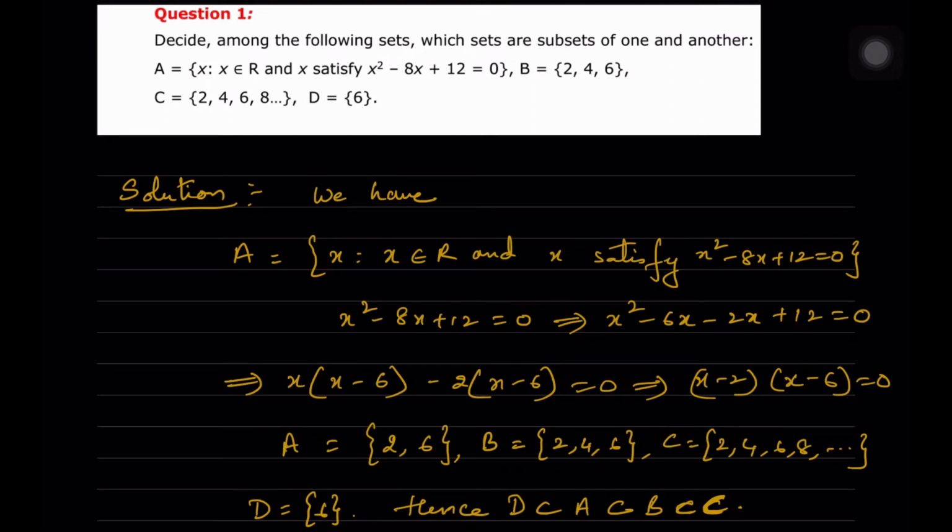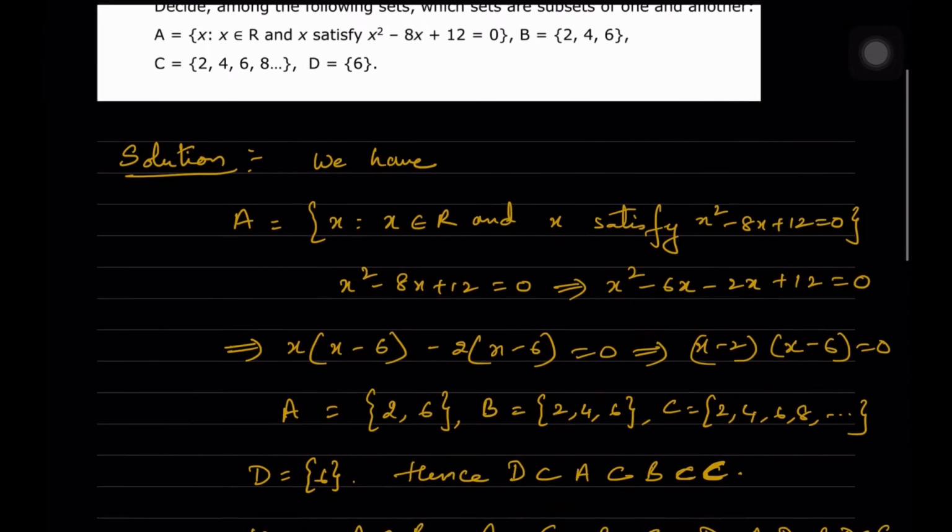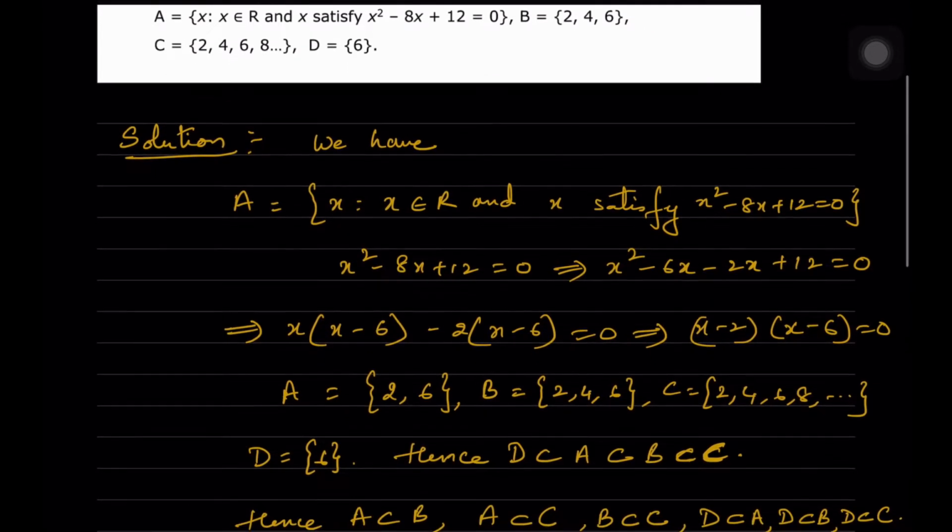Now B has 2, 4, 6, C has 2, 4, 6, 8, and D is equal to 6. So we can see here that every set here is a subset of another. A is a subset of C, B is also a subset of C, and D is also a subset of C. You can see that all the elements are there in C. Now A is a subset of C and A is a subset of B also.